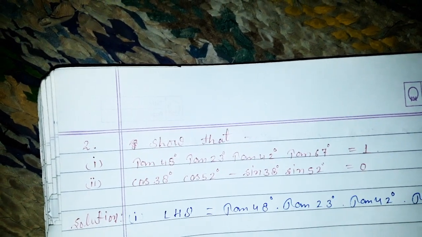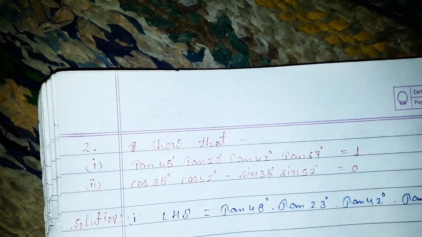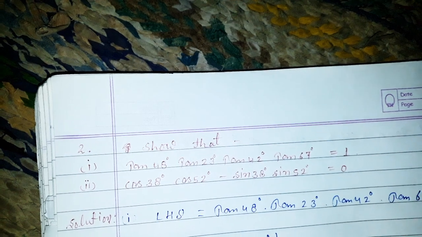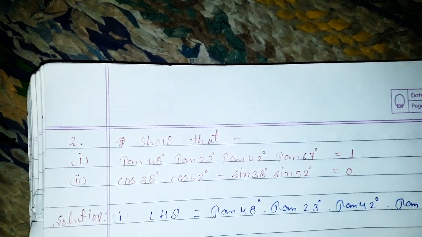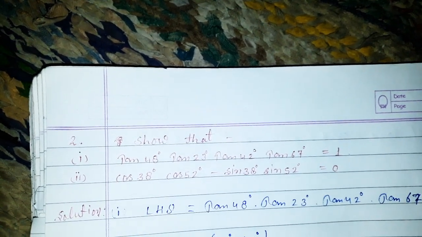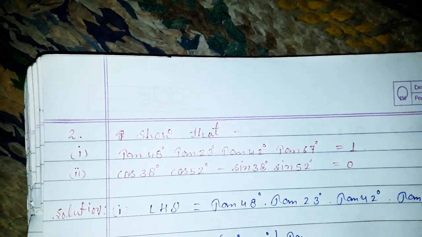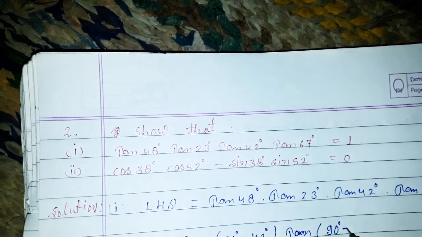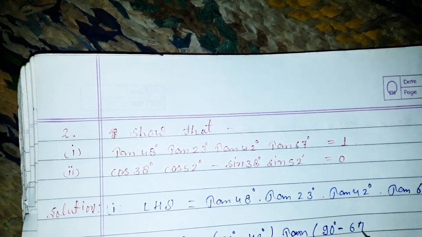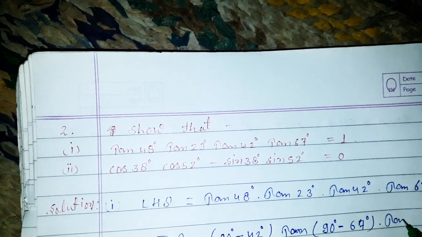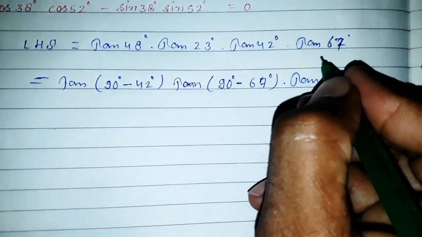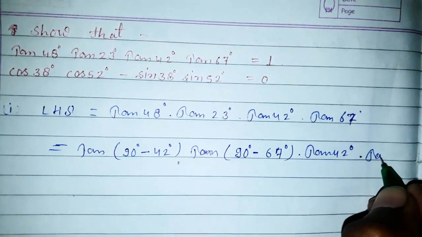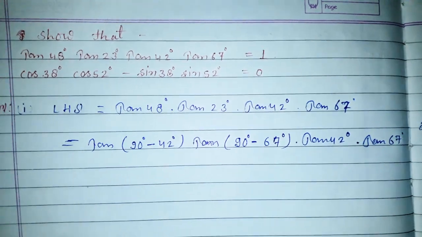Use here tan(90 minus 42) and tan(90 minus 67) into tan 42 degree into tan 67 degree.